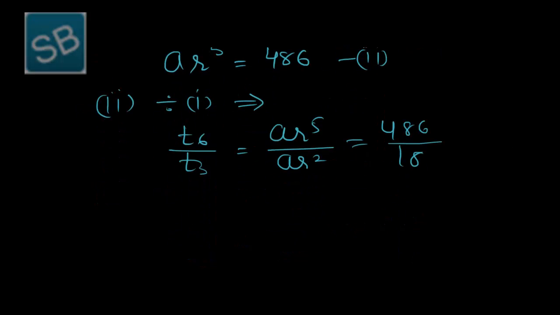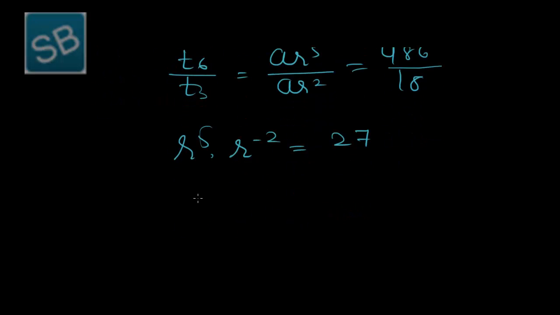So we will get, A and A cancel out, R^5 into R^(-2) is equal to 486 over 18, which gives 27. So we get R cubed, 5 minus 2 is 3. If the bases are the same, the powers are added. So R cubed is equal to 27.